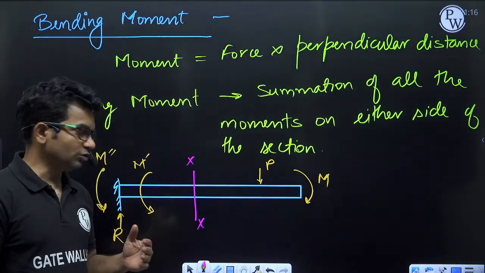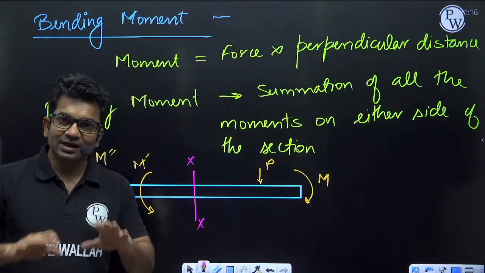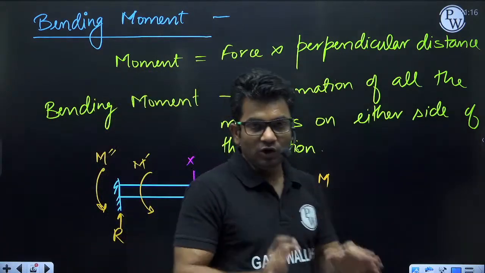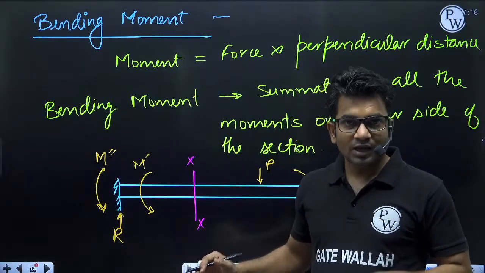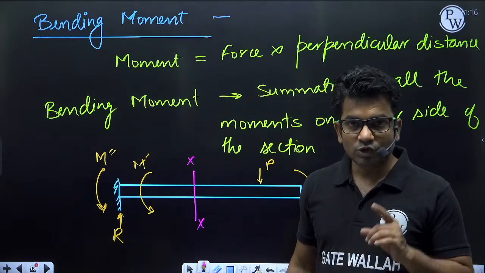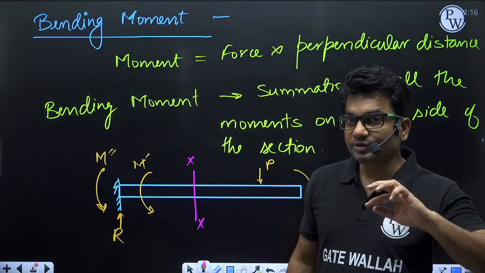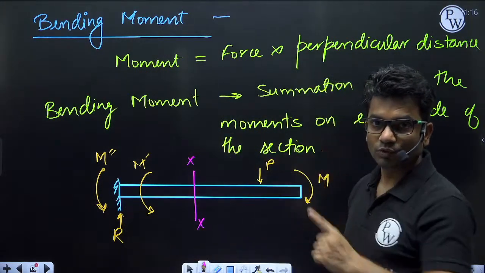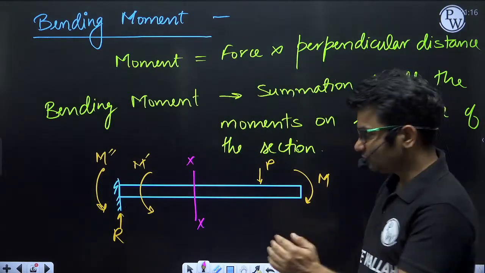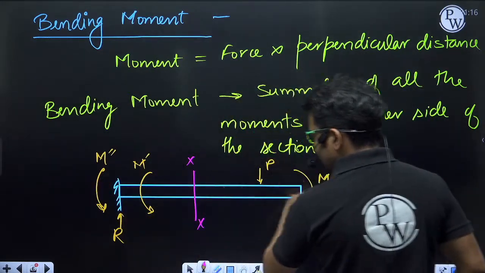If I do the summation on both sides, it will come out to be 0, because the beam is in equilibrium, so the summation of moments will always be 0.